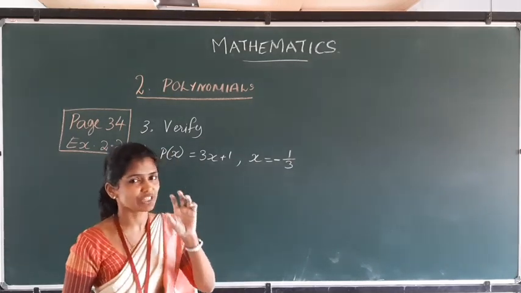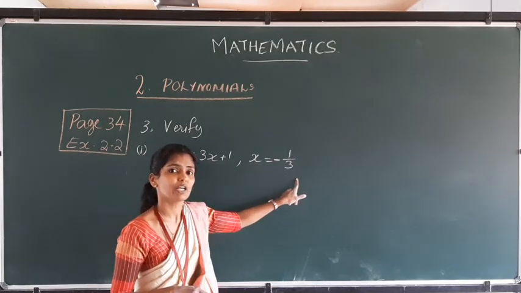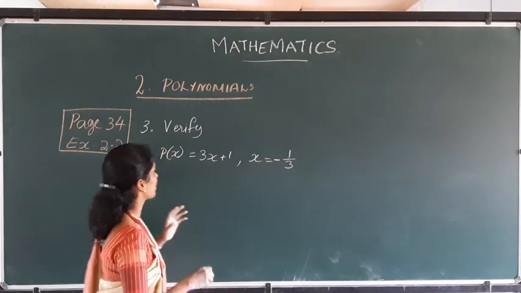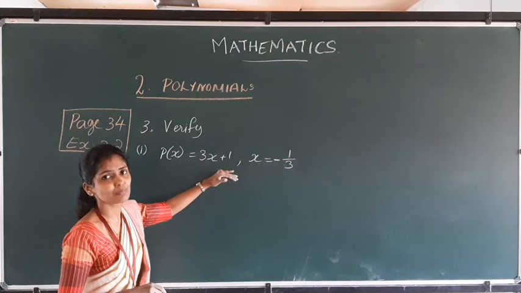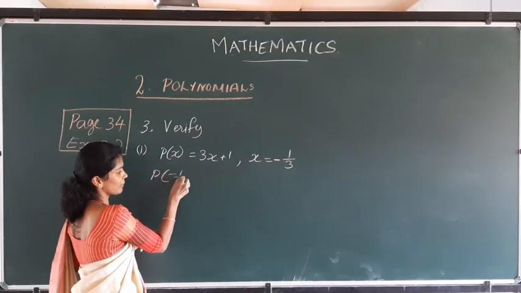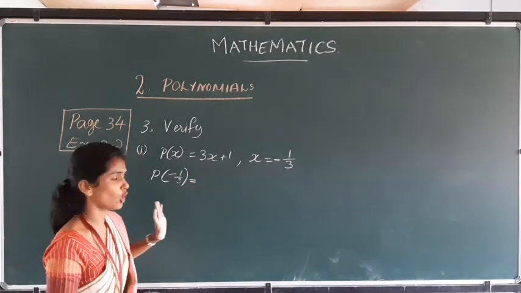So first we want to check whether the value of p of x at x equal to minus 1 by 3 is 0 or not. Here our polynomial is p of x equal to 3x plus 1. First we find p of minus 1 by 3. That means we substitute minus 1 by 3 in the place of x.